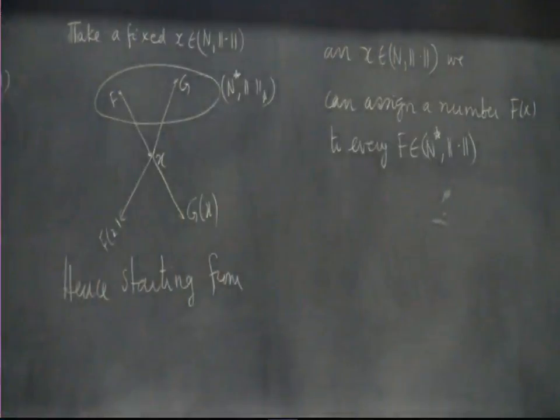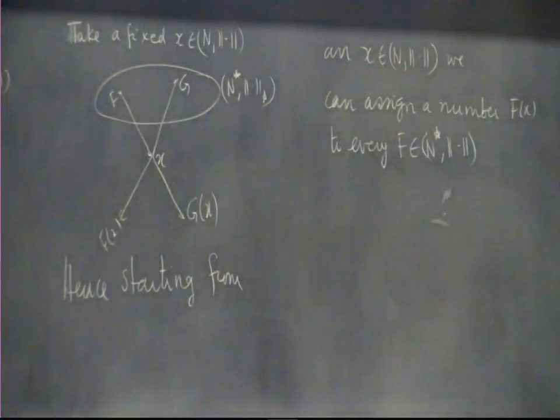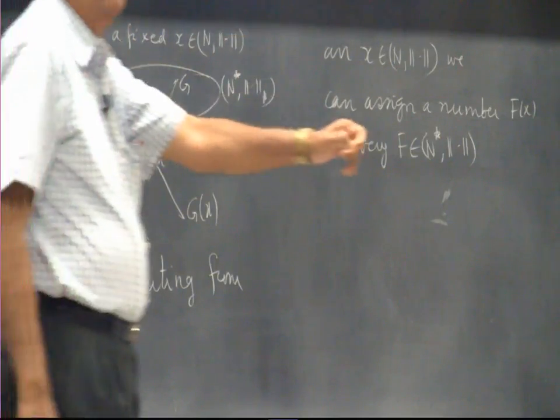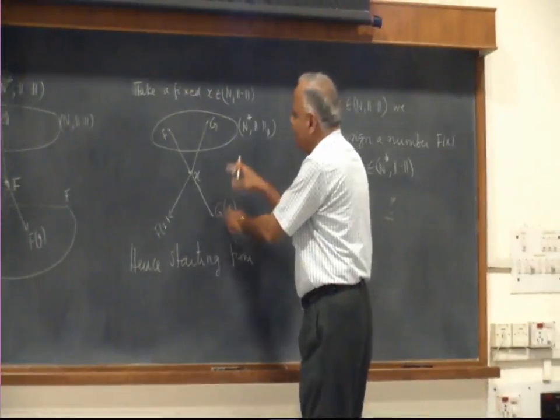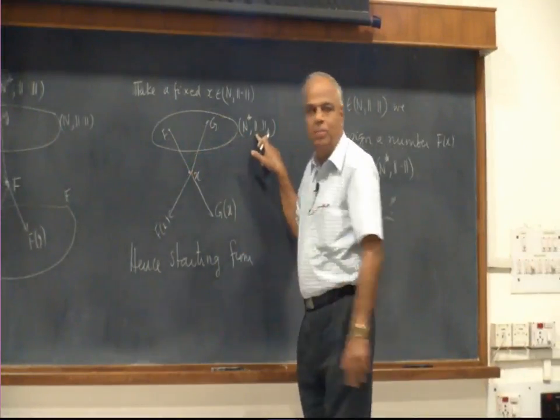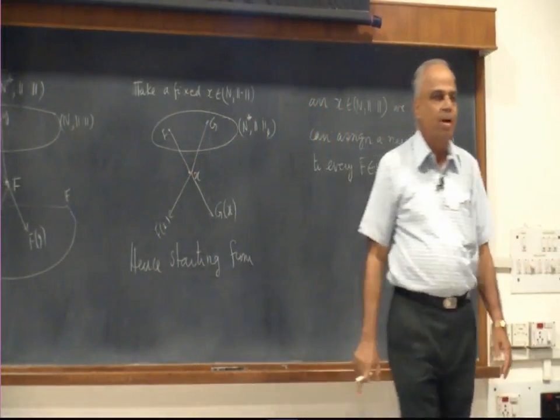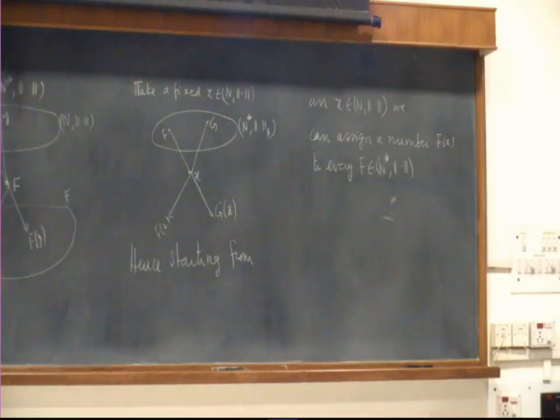Okay. Which means we have got a functional on N star. With each N star element we have a number. So what is a functional? It extracts a number on every element of that set. Now we have a way of extracting a number out of every element of this set, and therefore we have got a functional on N double star.